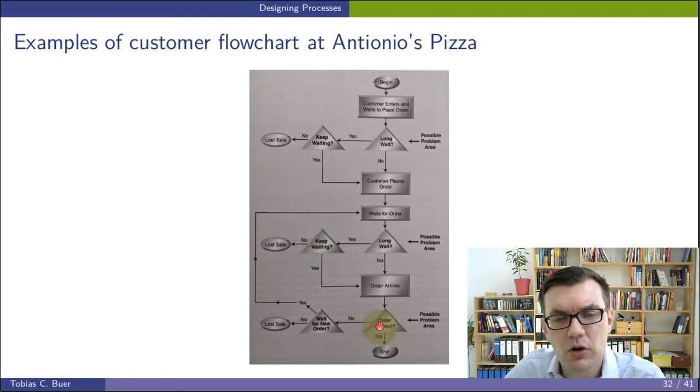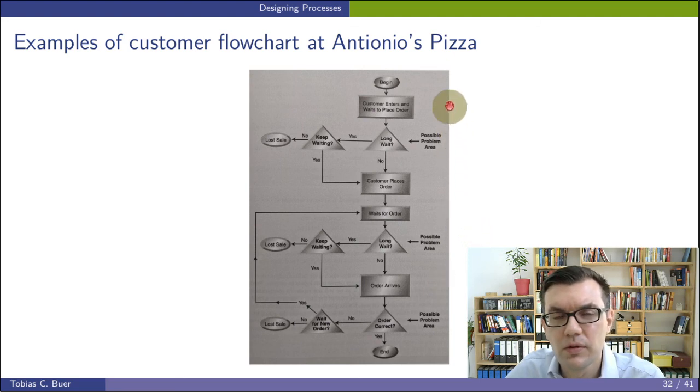And maybe if the order is incorrect, we bring something else than ordered, then we have to try to make up for this mistake, and a new order is placed, and we start the whole procedure again. If the customer is not willing to wait for the new order and leaves, then we again have a lost sales event.